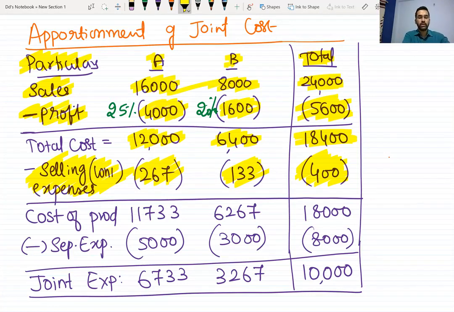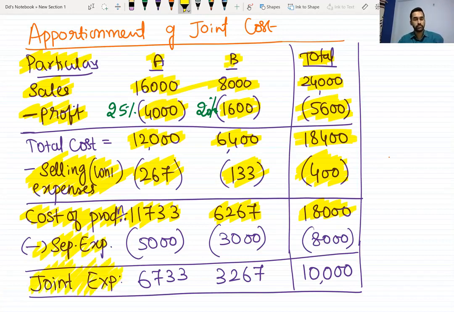Okay. Now if you deduct this, you will get cost of production. Cost of production 11,733, 6,267. Add, 18,000. Tell me, from total cost of production, if you take out separate cost, balancing figure should be joint cost.